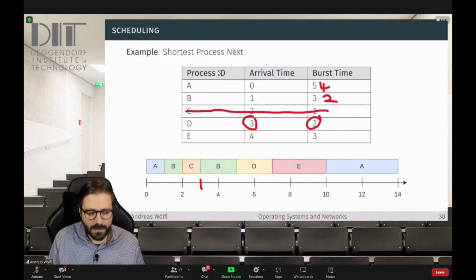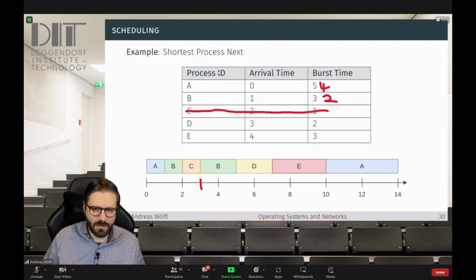Also, this is important information. If you have multiple processes that are the shortest one, you prioritize the processes that are the longest in the queue of runnable processes. So we start with B. B runs, before we start with B, this D did not execute.